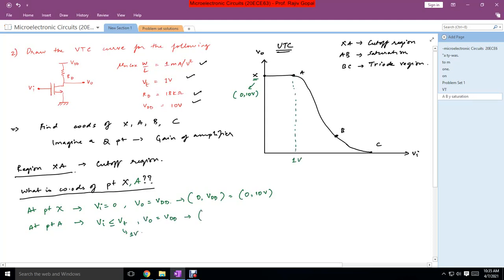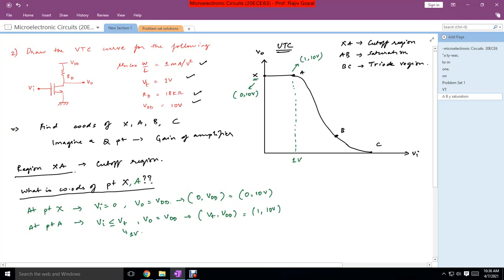So in that case, it is Vt comma VDD, so it is 1 comma 10 volts. So point A is 1 volt comma 10 volts. So we figured out the coordinates of point X and point A.